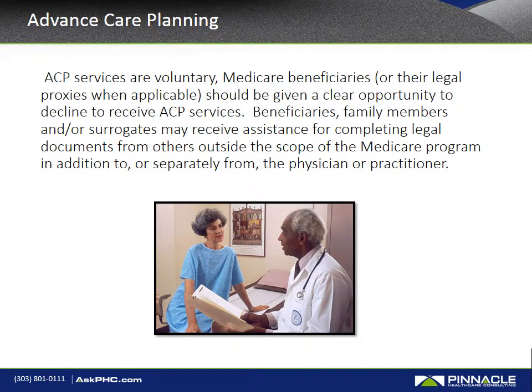It is important to remember that advanced care planning services are voluntary, and Medicare beneficiaries should be given a clear opportunity to decline such services. The Medicare beneficiary or their family members may choose to receive assistance in completing legal documents from outside the scope of the Medicare program.